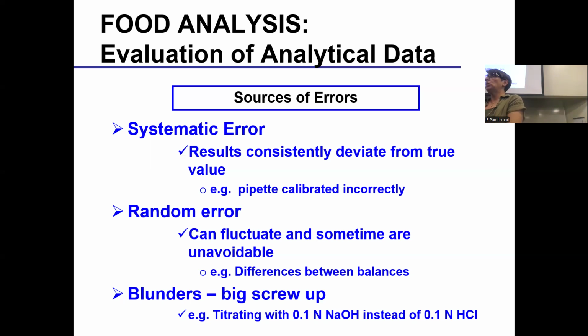When we learn Kjeldahl, you know that you will be titrating into a base. And now you use base to titrate base. So you keep pouring, no change in color, nothing is happening. That is a blunder. When you use a wrong reagent, that is oftentimes the issue with a blunder. Using the wrong reagent, using wrong samples, mislabeling, things like that are big blunders that will impact your results.